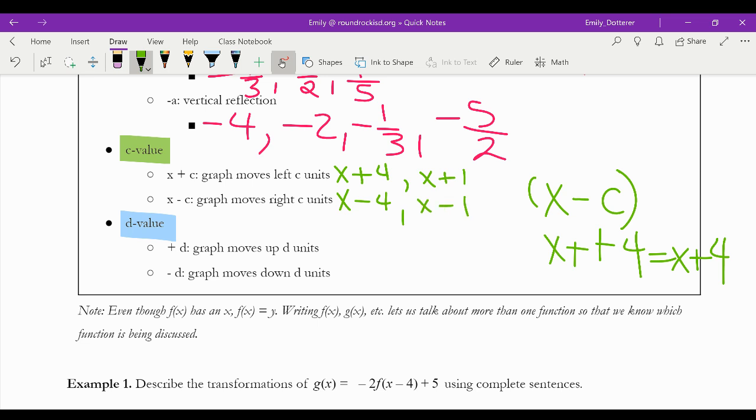Plugging in a positive value, there's nothing to cancel out that minus, and so it'll be x minus a number. So be very, very careful because it looks the opposite of what it actually does. So make sure that you're paying attention to the signs on there. X plus something goes to the left, x minus something goes to the right.